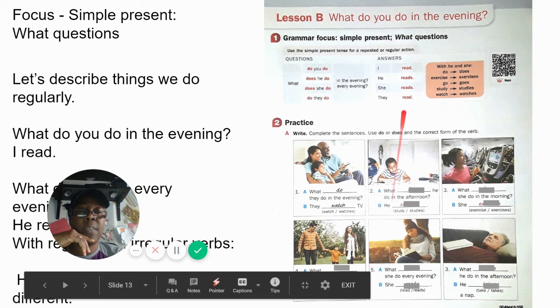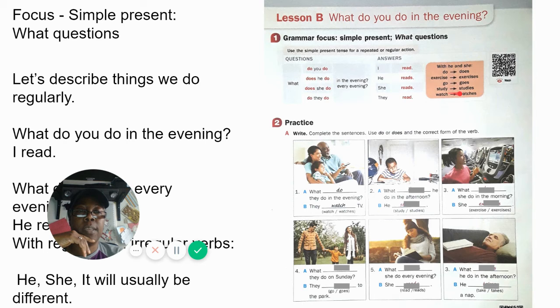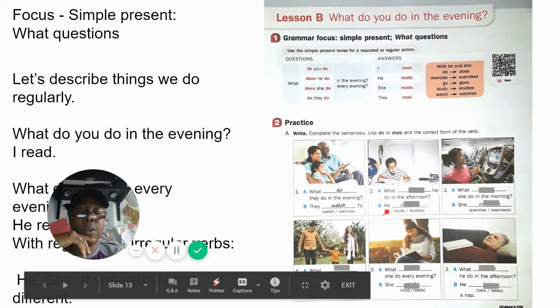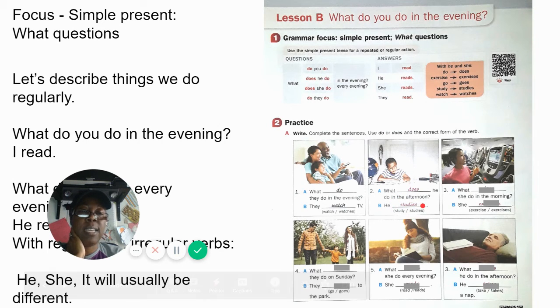Now remember up here with he or she, study becomes studies. So since we are using he, and we have to pick either study or studies, we know with he, we have to use studies. So let's look at our answer. What does he do in the afternoon? He studies.